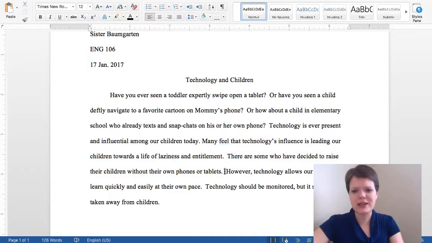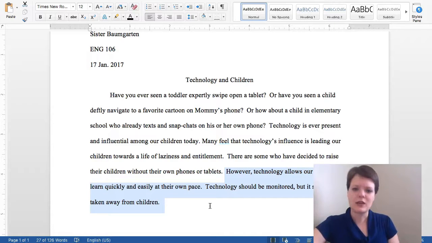And I say, however, technology allows our children to learn quickly and easily at their own pace. Technology should be monitored, but it should not be taken away from children. Okay, so this is my thesis. And you see how it makes so much more sense when I've given context and a tiny opposing viewpoint to set it up. This is how I would like you to write your introductions.